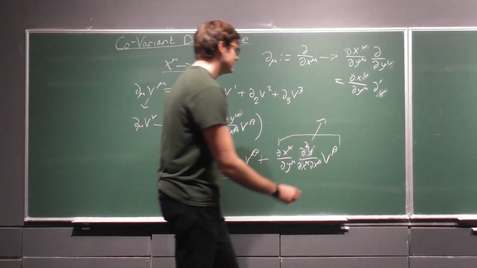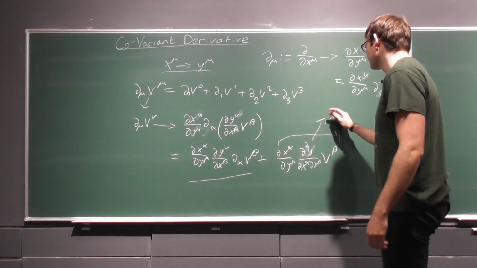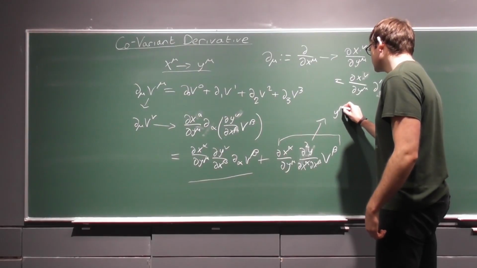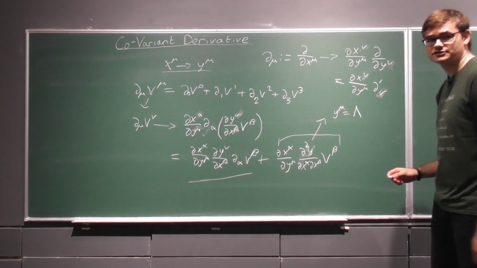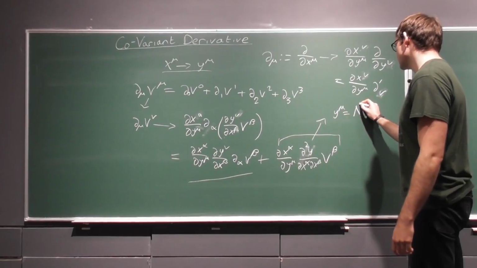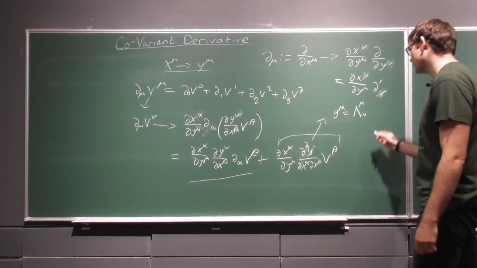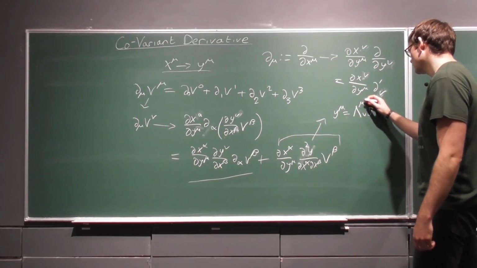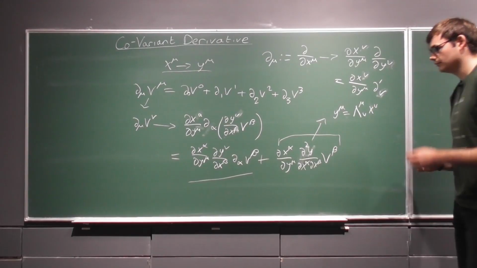But in special relativity, our coordinate transformation, we do Lorentz transformation, which puts this kind of Lorentz matrix, which we had in the second one of the previous videos.